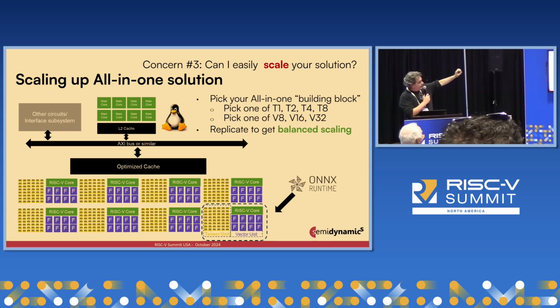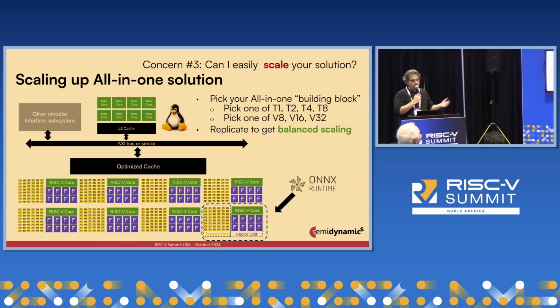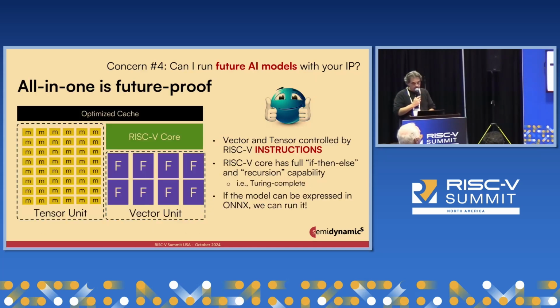But the key thing is that from the main cores, the ONNX runtime can fire all the requests to those acceleration cores at the bottom, and that's where all the AI is happening in a balanced way. You don't like 8, put 16. You don't like 16, put 32, or 32 is too much, put 2 of them, right? So that's the choice of our customer that's scaling the solution, right?